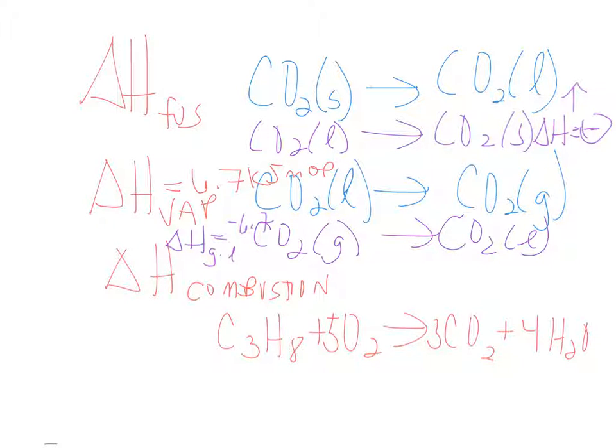I'm listing these because these are things that have been measured by other scientists. They put them in a table, and then we can use them. For example, when we use Hess's law, we can use these equations if we need to figure out the enthalpy of reactions where these would add up to something else. Similarly, people have measured the enthalpies of combustion. Carbon dioxide doesn't combust, it actually puts out fires.